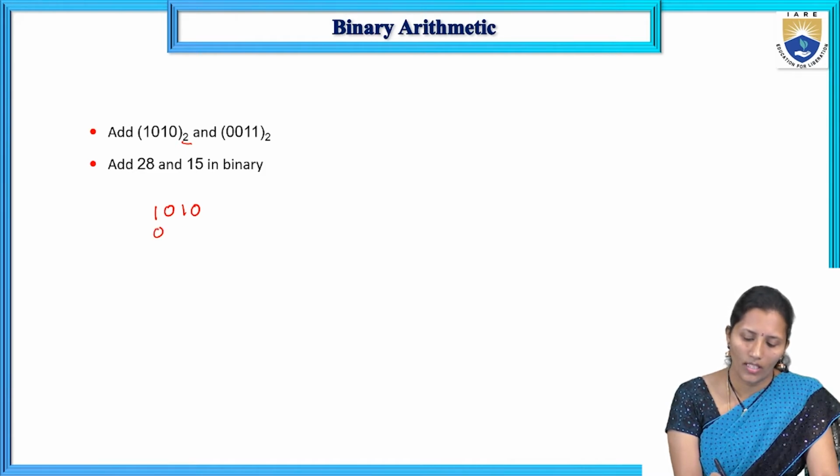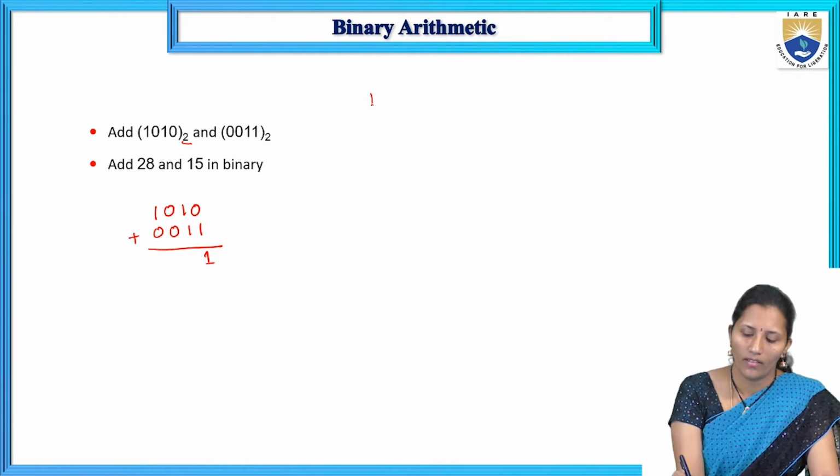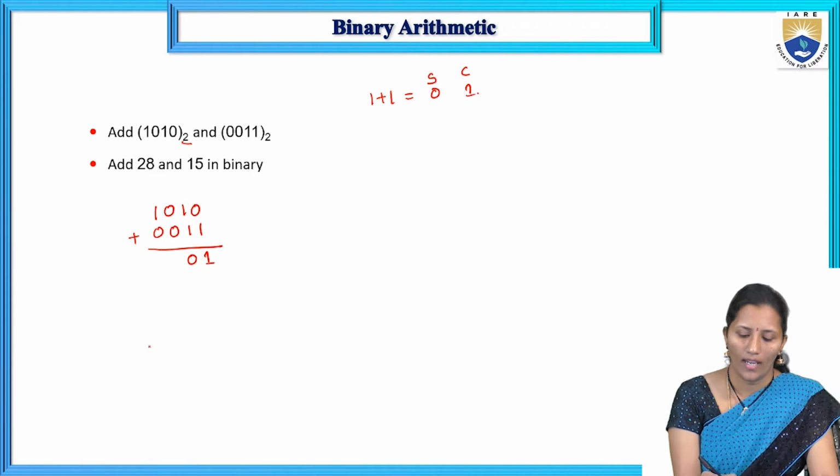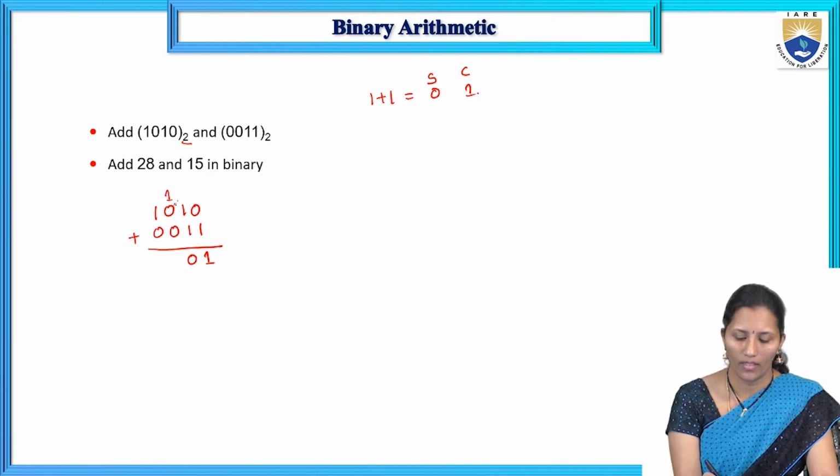Here 0 plus 1 is 1. 1 plus 1, the sum is 0 and carry is 1. The sum we write down and the carry is forwarded to the next stage.